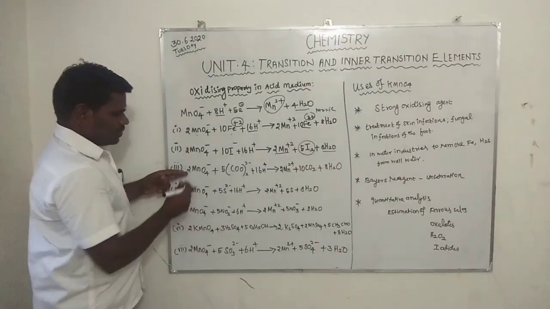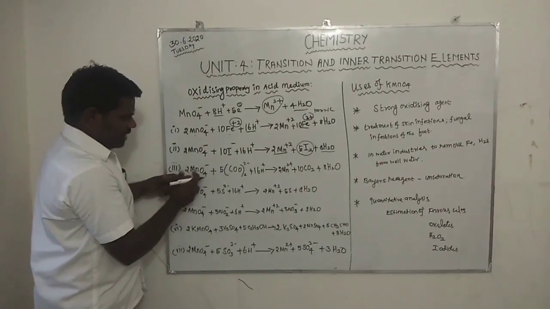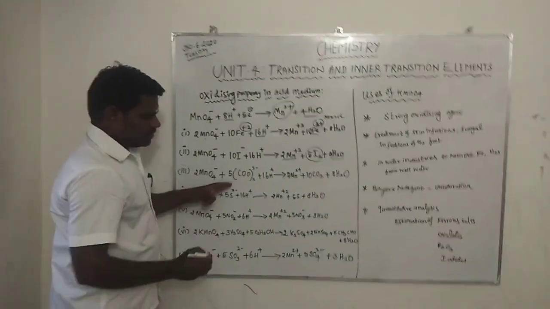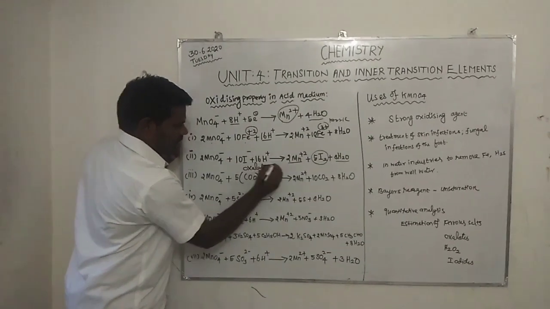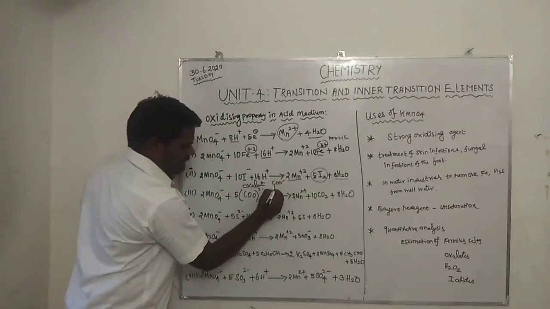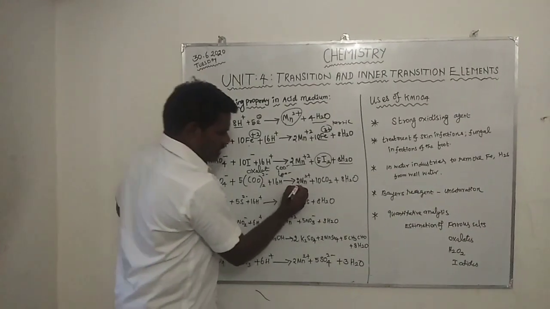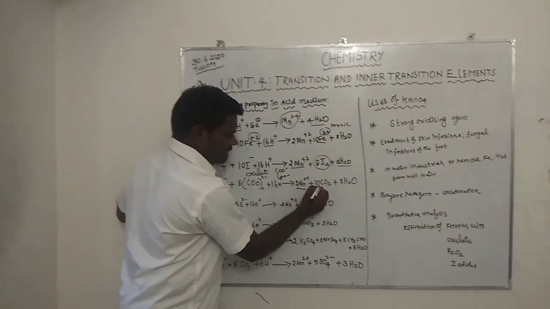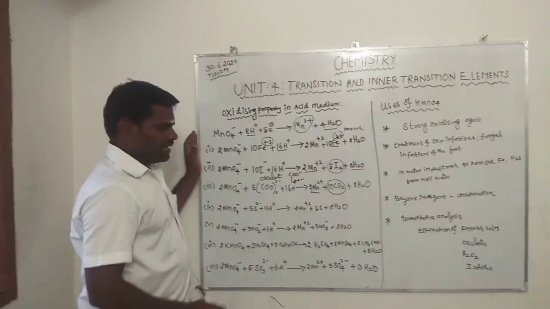The next evidence for the oxidizing property of permanganate ion: MnO4 minus plus 5 moles of oxalate ion, which means COO minus and COO minus, treated with acid medium gives 2 Mn2 plus and 10 moles of carbon dioxide and 8 moles of water.